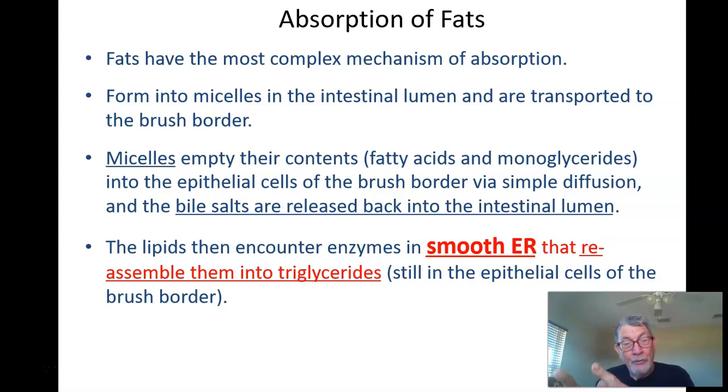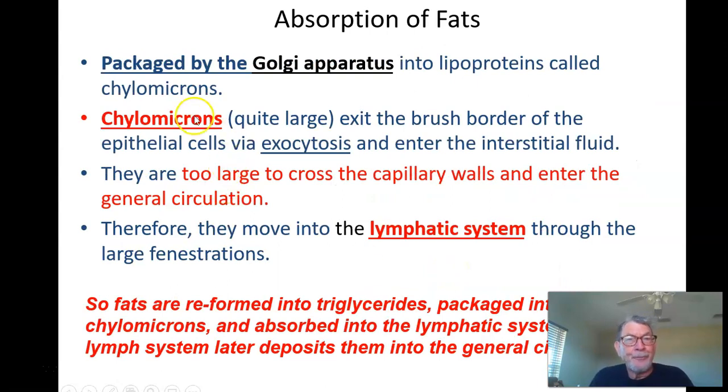The bile emulsifies it, then it's digested, reforms into micelles, bumps into the wall, and moves across the intestinal wall into the cell. And then what's really bizarre is that you reform it into triglycerides. You went to all the trouble to break it down, and now you turn it back into triglycerides, and you do this inside those brush border cells.